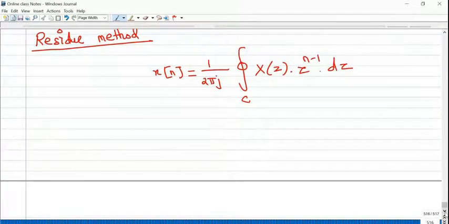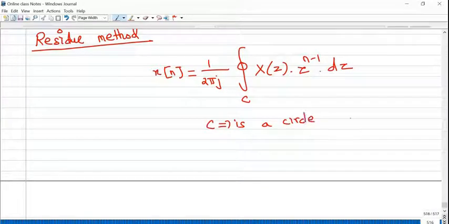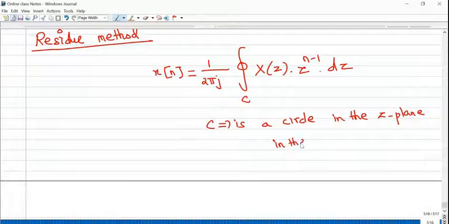Okay. Now the residue theorem states: C is a circle in the Z plane, in the region of convergence of X of z.